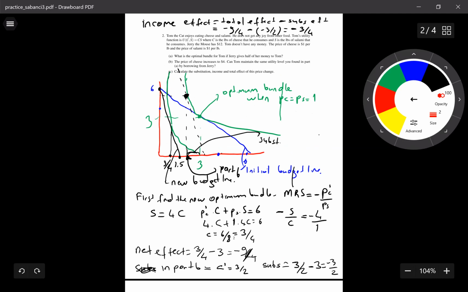This red distance, from this one to this one, is the total effect. And this blue distance is the income effect. Okay. Any questions?